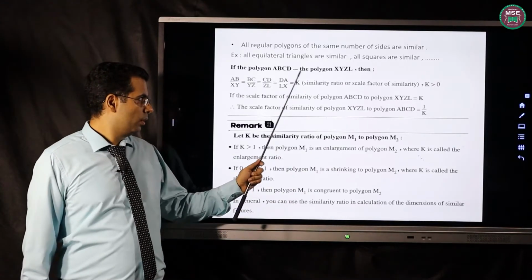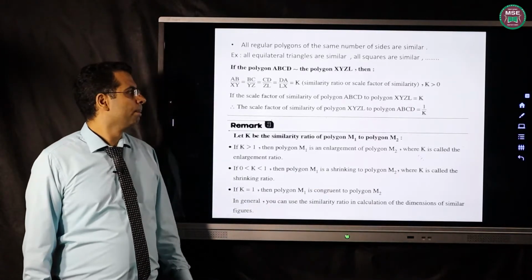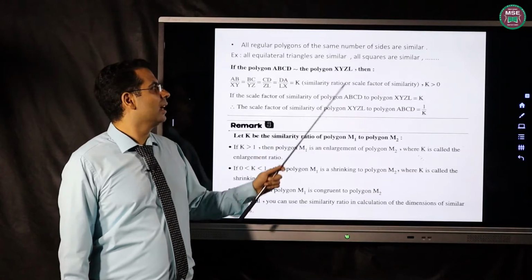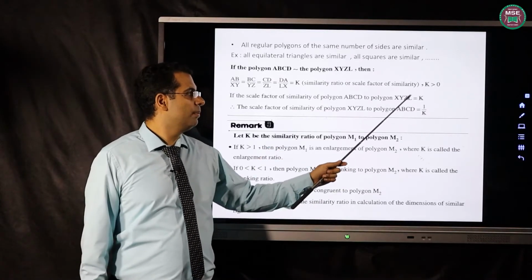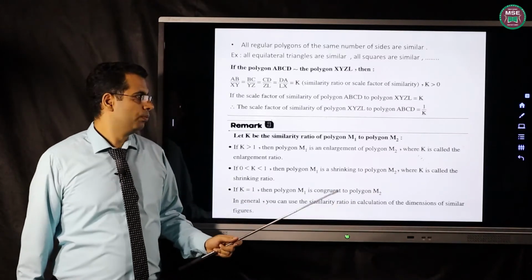This ratio is bigger than 0, positive. Now, if I start from the sides of the second polygon, then we have the reciprocal of K. If K is 2, then its reciprocal is 1 over 2.